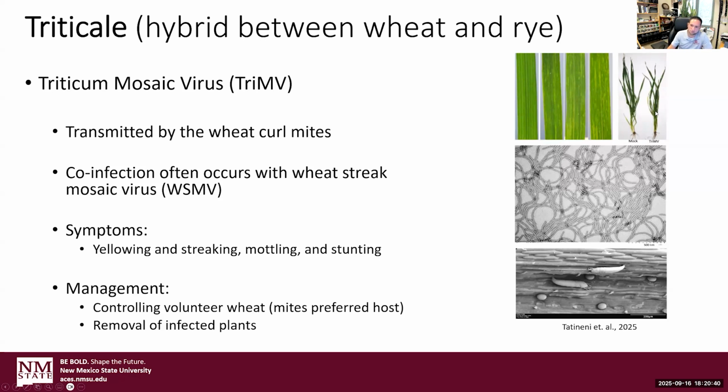And so you can see it's a little bit more stunted than one that's not. And here's the wheat curl mite, the one that transmits the virus. So it's very small. It's hard to see with your naked eye. And so if you start to see yellowing and streaking as well as stunting plants, maybe you want to submit this sample for virus testing.